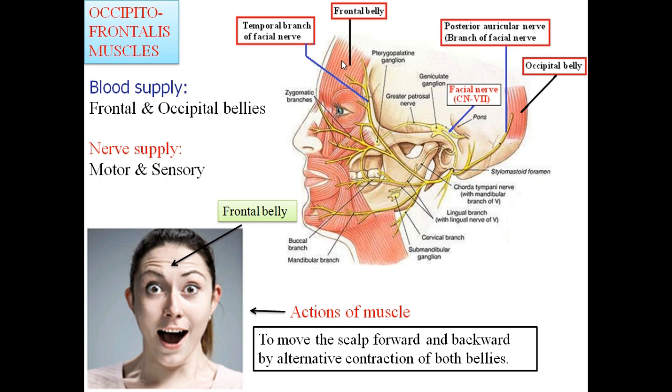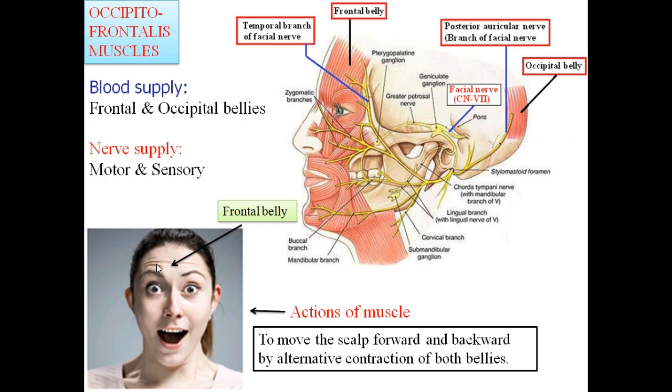Regarding the sensory supply, the frontal belly is supplied by the supraorbital and supratrochlear nerves, which are branches of the ophthalmic division of the trigeminal nerve. Similarly, the occipital belly is supplied by the great auricular nerve and lesser occipital nerve, which are derived from the ventral rami of C2 and C3 cervical segments.